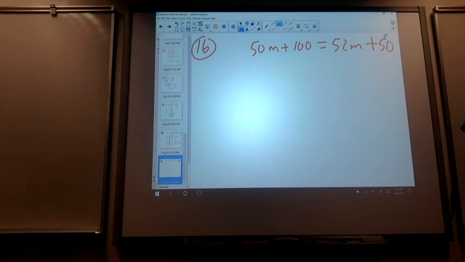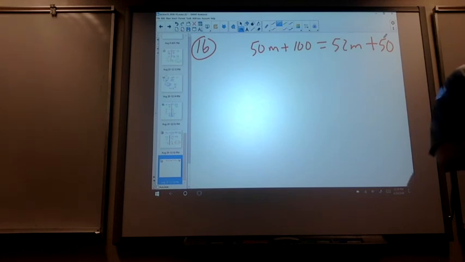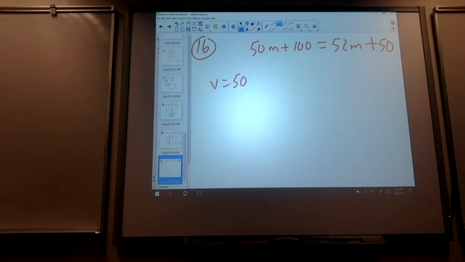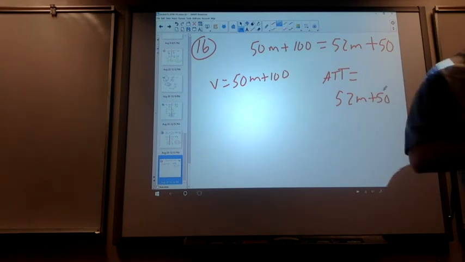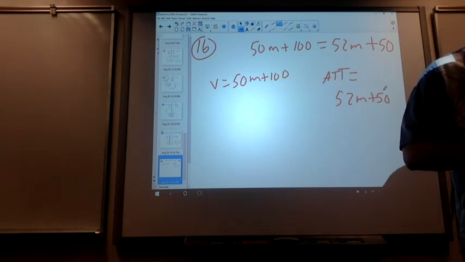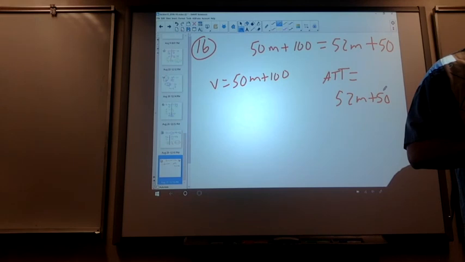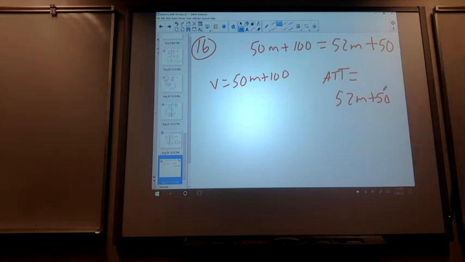Okay. So write an expression for the Verizon plan. The Verizon plan is this, and then the AT&T plan is equal to this. What number of months will it be the same?